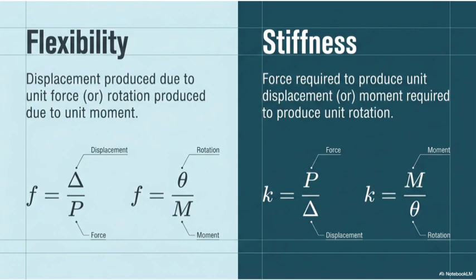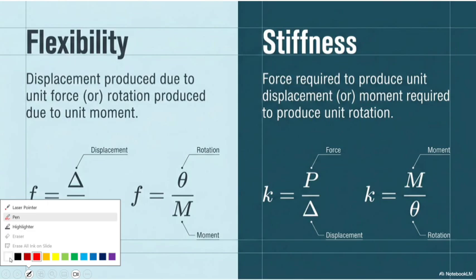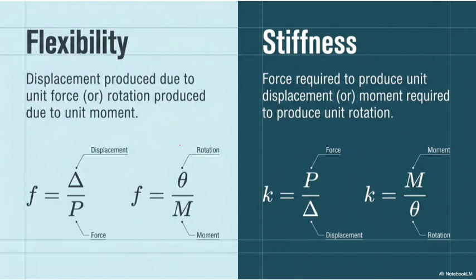And if that displacement is equal to unity, then the force which you applied is called stiffness, represented by K. So flexibility's equation is delta by P or theta by M. Theta by M means that theta is slope. Displacement can also be expressed as slope when we apply the force as a moment.